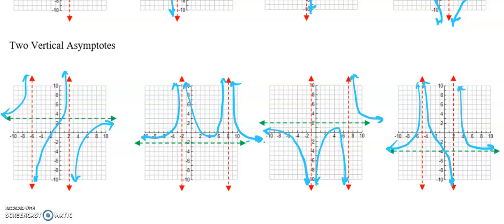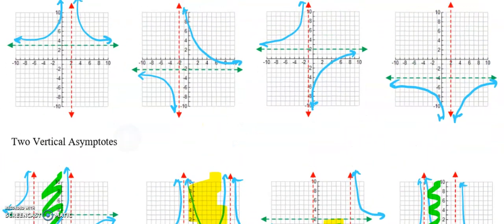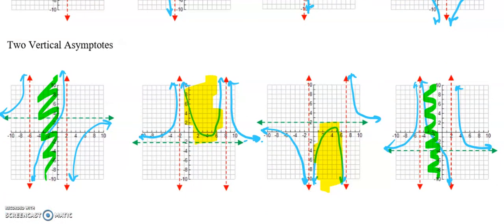Lots of different options. But if you have two asymptotes, in the middle you'll either have a snakish looking thing going that direction or a snakish looking thing going this direction. And then you could also have a parabola-ish going up or a parabola-ish going down. And then the sides kind of do what they do, similar to what you have with just one vertical asymptote.